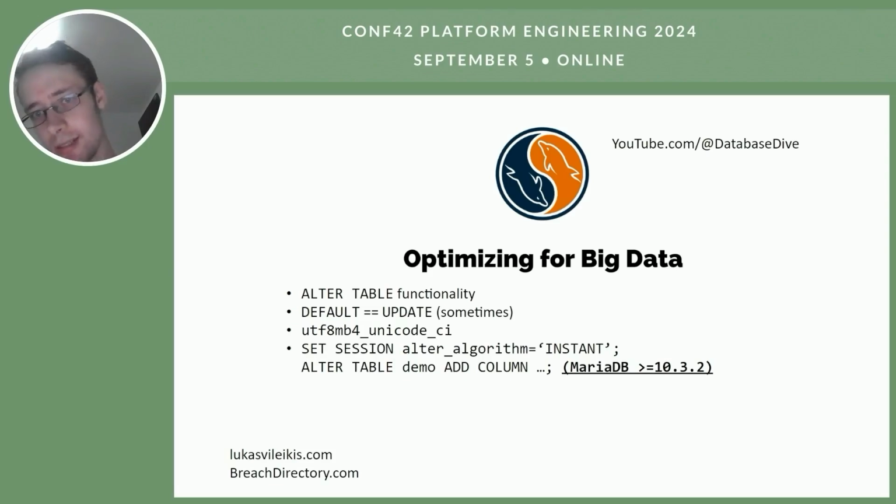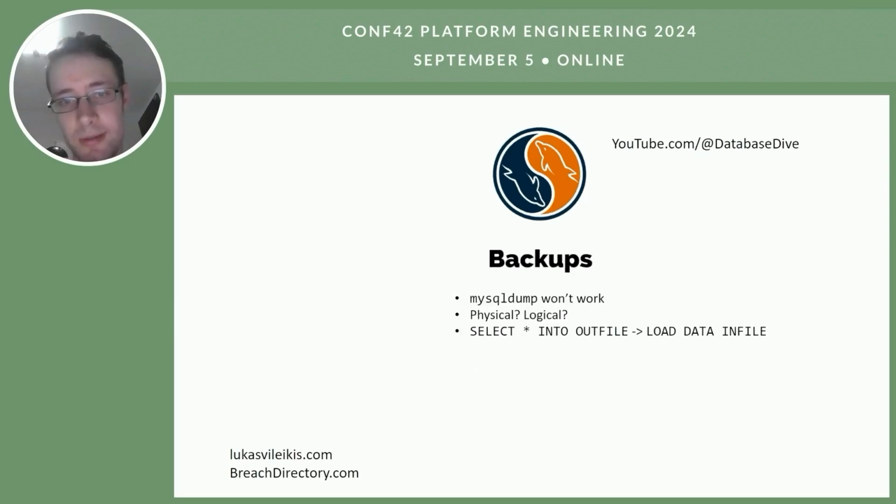When you set the alter algorithm to instant, the column, if it is the last column you add to the table, is added instantly, without any IO on the disk or whatever, but it only works in newer MariaDB versions, right? And such hacks can be found all across the documentation and all across Stack Overflow, so please look around.